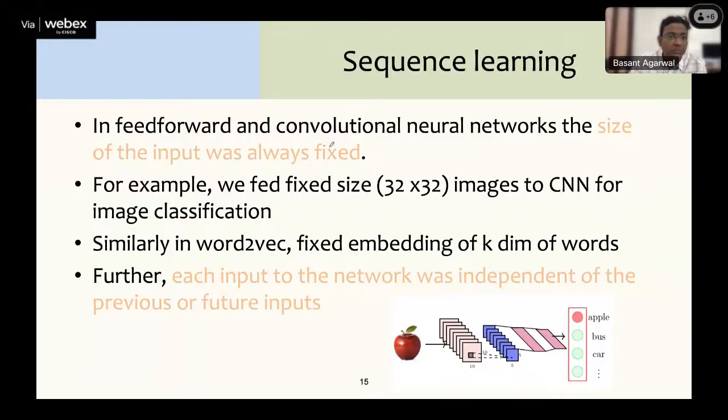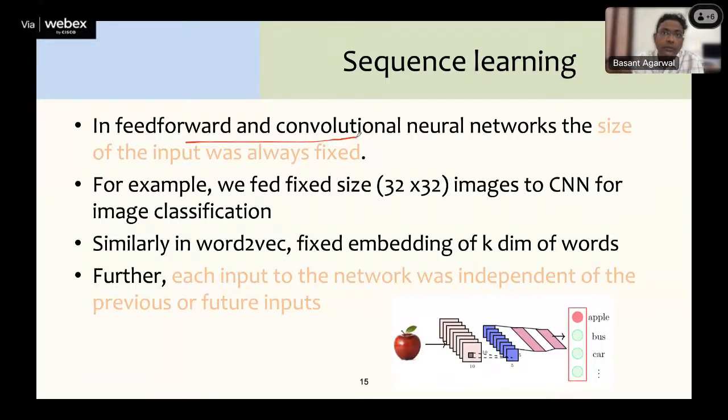Both of these kinds of networks take a fixed size input. For a feed forward or multi-layer neural network, the main problem is that the input size is always a fixed value. If we train a neural network, we have to fix the number of neurons in the input layer. Similarly, in a convolutional neural network, we have to fix the image size if we are using it for images. If we are using it for a text classification problem, we have to limit the length of the sentence.